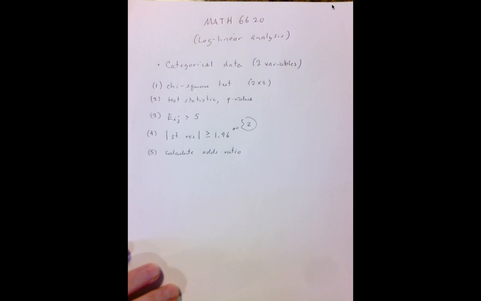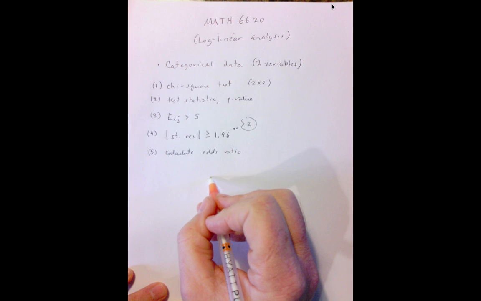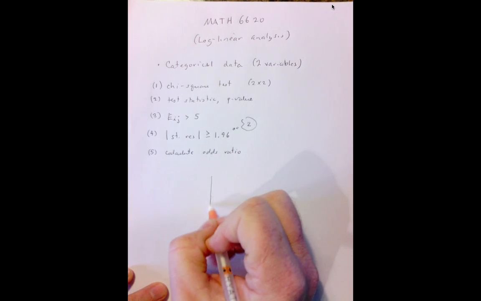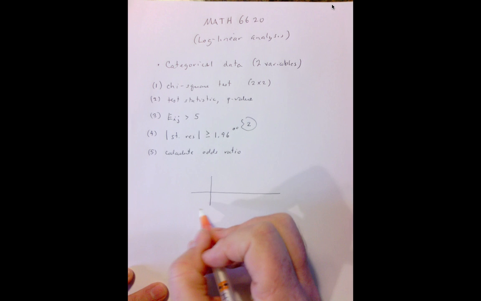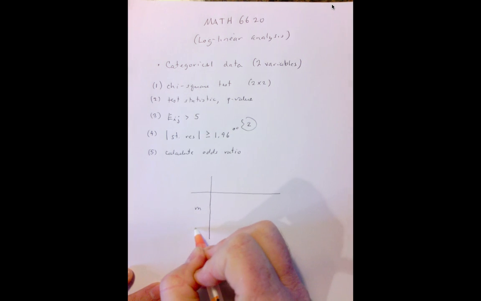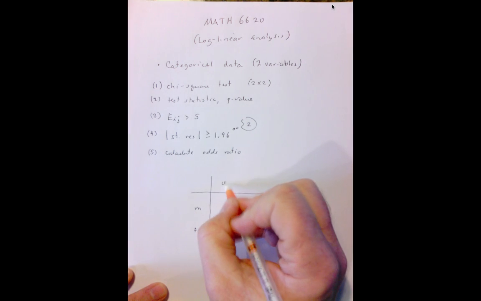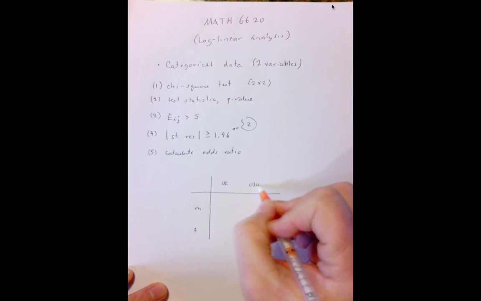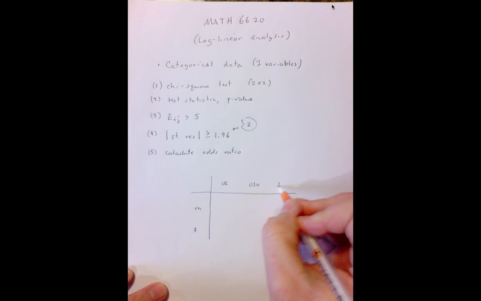Now this becomes a little tricky when you have a 2x3. A 2x2, I've already demonstrated that, but what if you had, say, a 2x3, maybe males and females across UK fans, Ohio State fans, and Indiana fans?